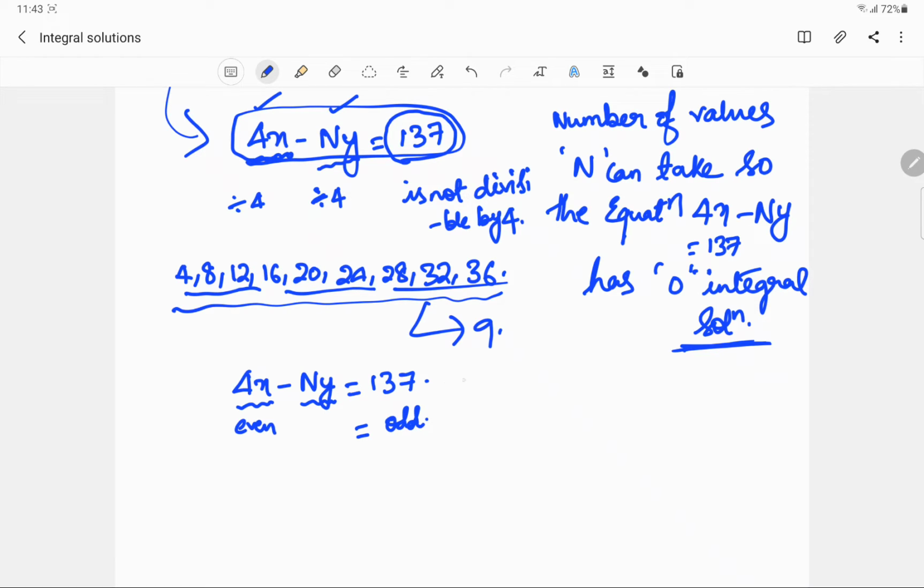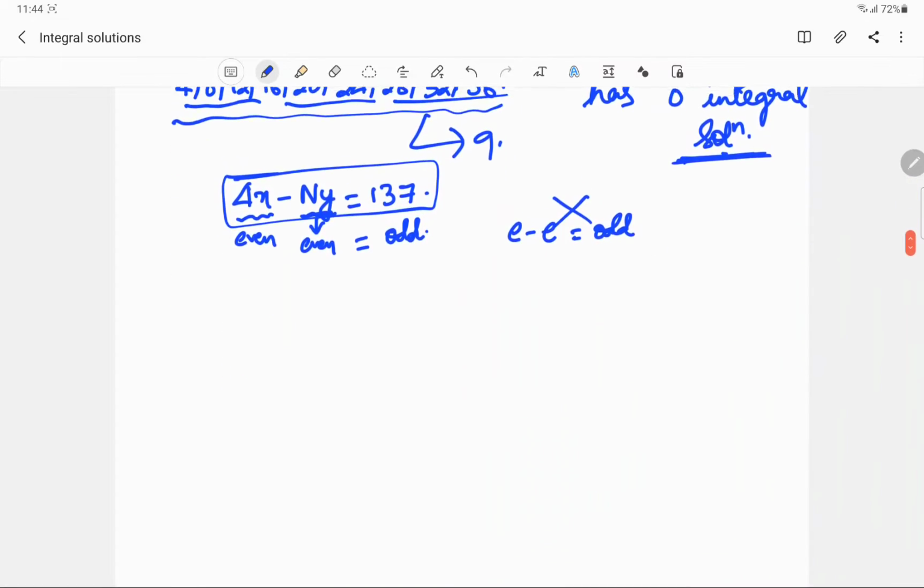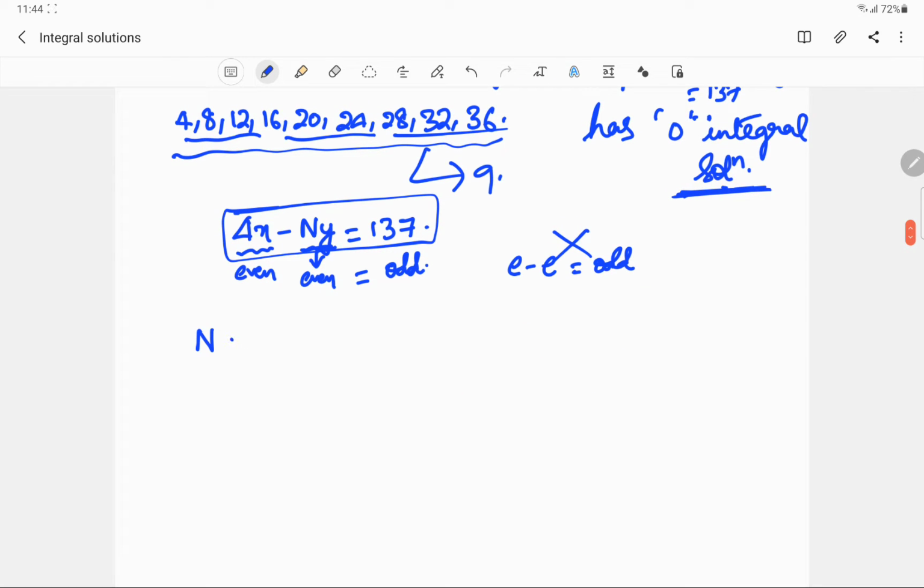In order to have zero integral solutions, if I take this term as even, then even minus even is equal to odd will not stand, and we will have zero integral solutions to this equation. That means the value of n must be a multiple of 4 or an even number.